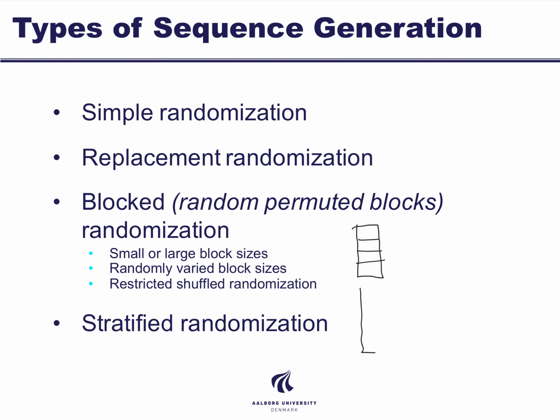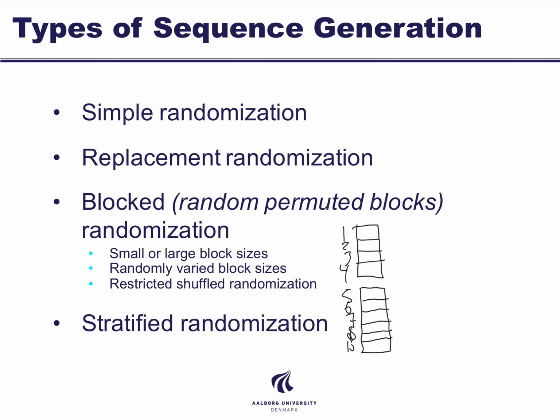Then you could have a block of 6, and of course, those that are actually randomizing patients wouldn't know these different block sizes. And then based on, it could be patient 1, 2, 3, 4, 5, 6, 7, 8, 9, 10.